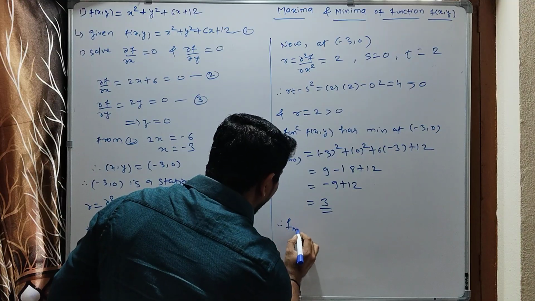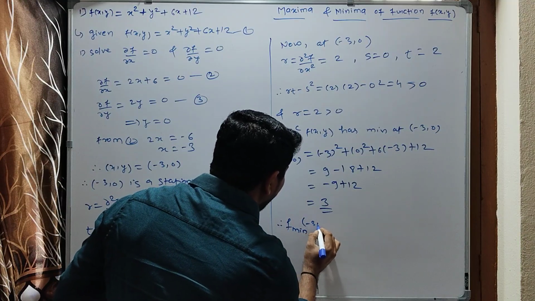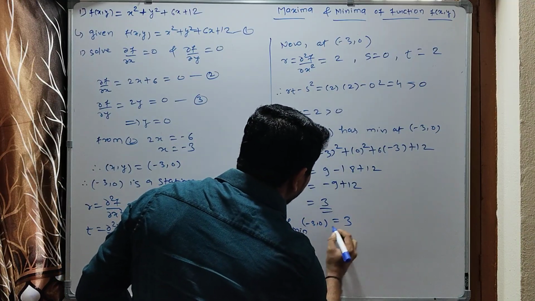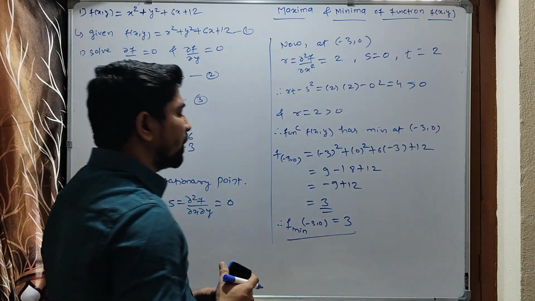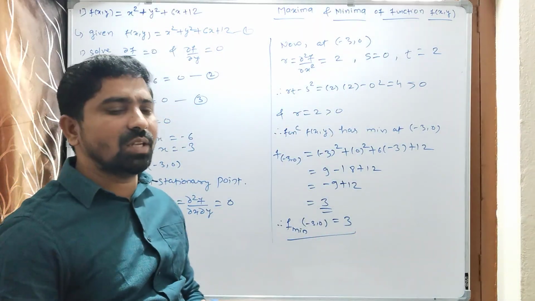Therefore f minimum at minus 3 comma 0 is equal to 3. This is the minimum value of my function at critical point minus 3 comma 0.